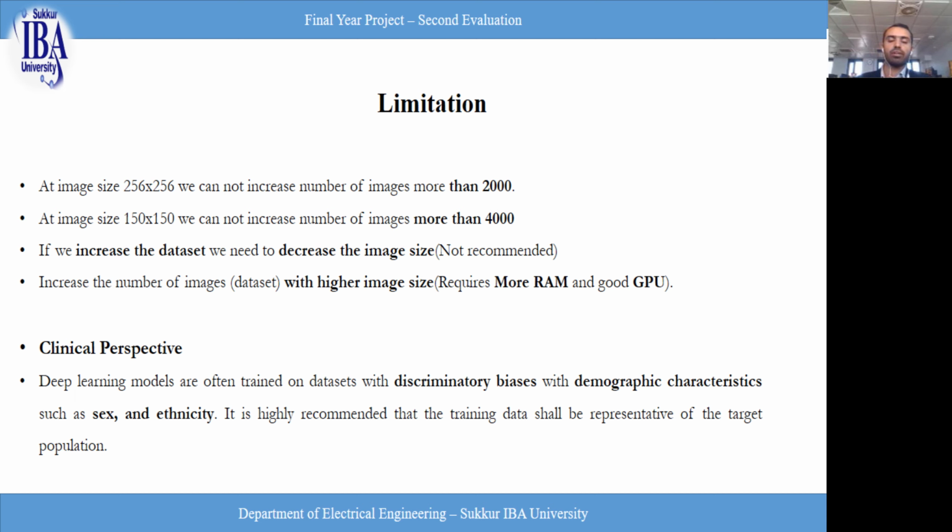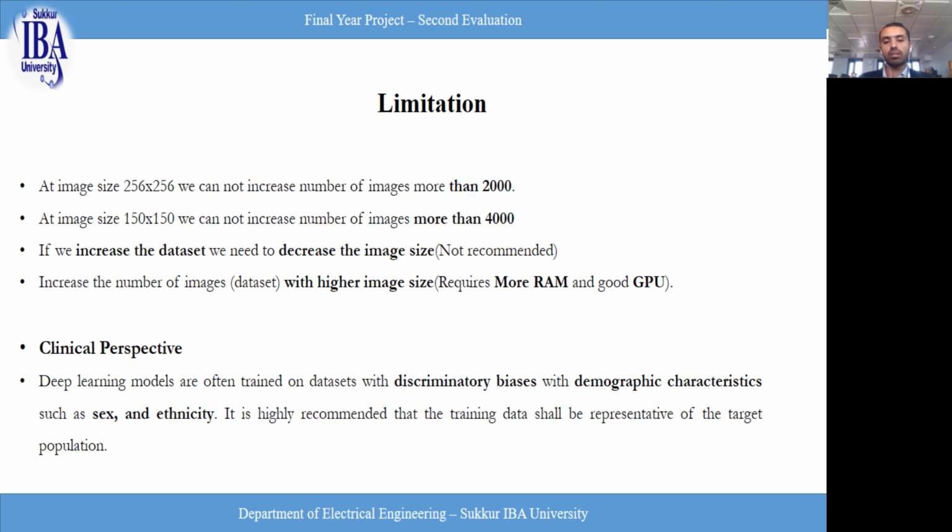If we are training our model on a specific area, like I'm training my data set on images from the USA, say the images are taken from USA hospitals, and after that I give a test image from another country, like China.